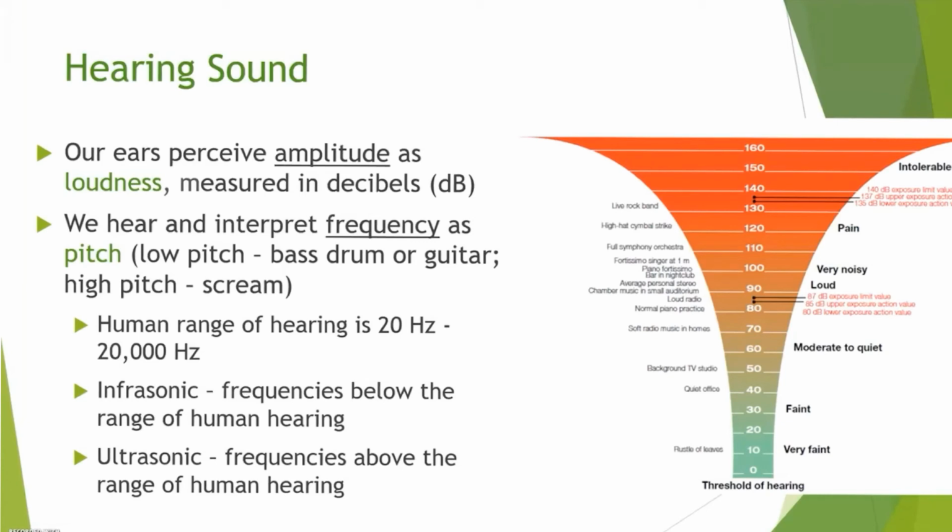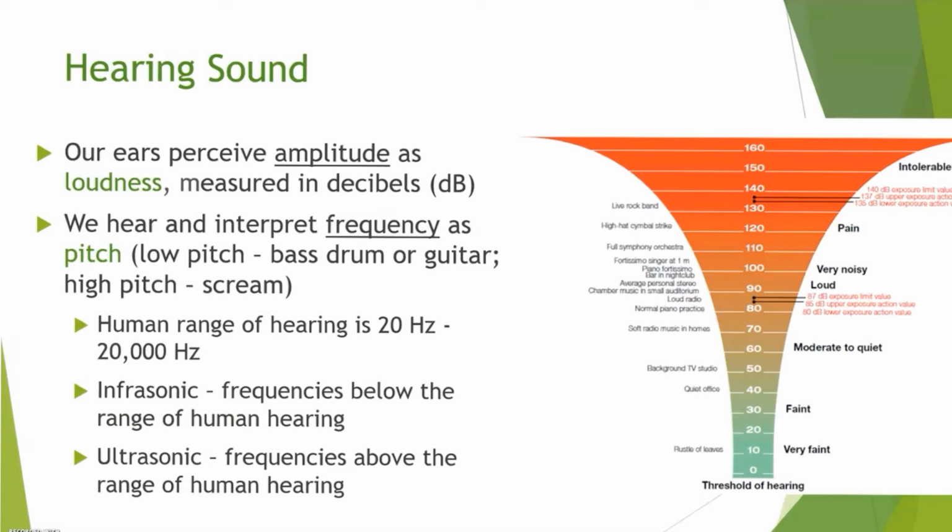We also have a special word for frequency. Frequency is referred to as pitch. A low pitch is like a bass drum or guitar. A high pitch is something like that, more like a scream.